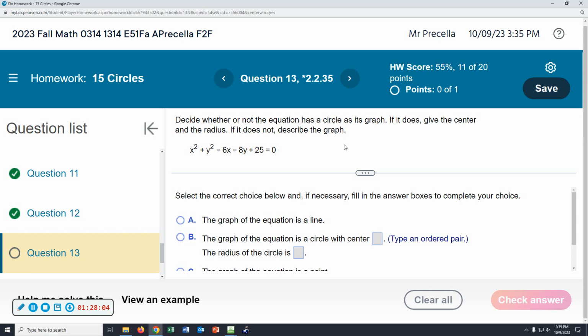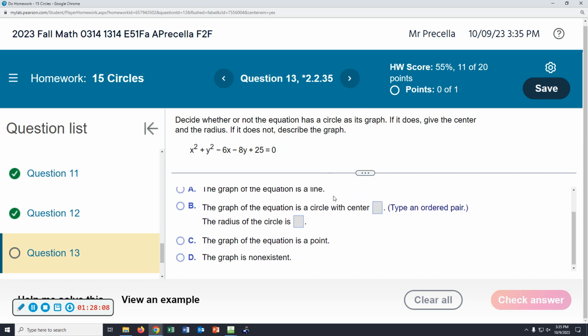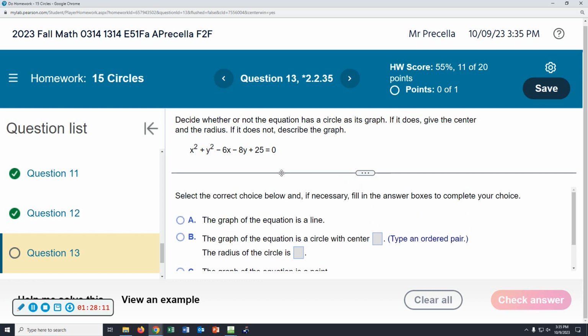Number 13, same type of problem. We're not graphing it. Just decide if it's a graph, and if it's not a graph, describe it. This is number 13.